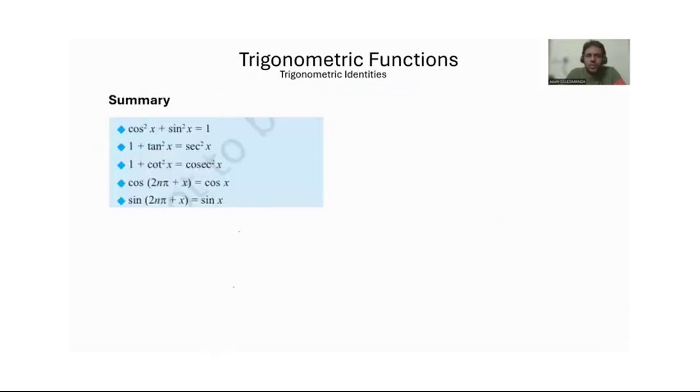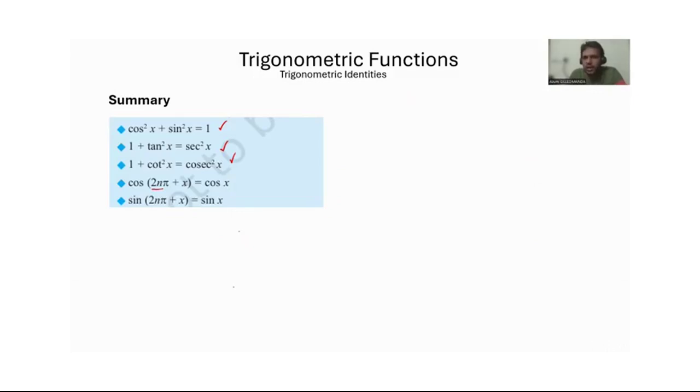So let's look at the summary. What we learned here are the trigonometric identities. These three are the trigonometric identities: cos square x plus sin square x is 1, 1 plus tan square x equals secant square x, and 1 plus cot square x equals cosecant square x. And also what we learned about sin or cos and the number of revolutions: 2n pi means n revolutions plus x.